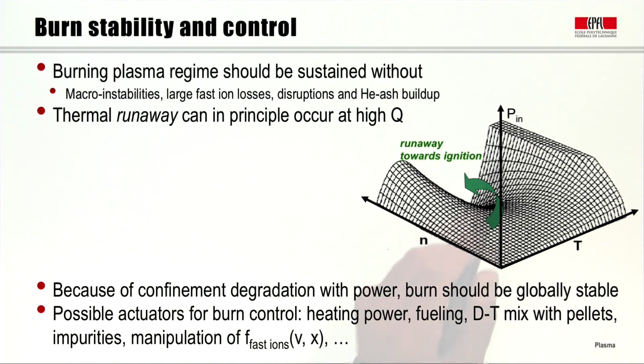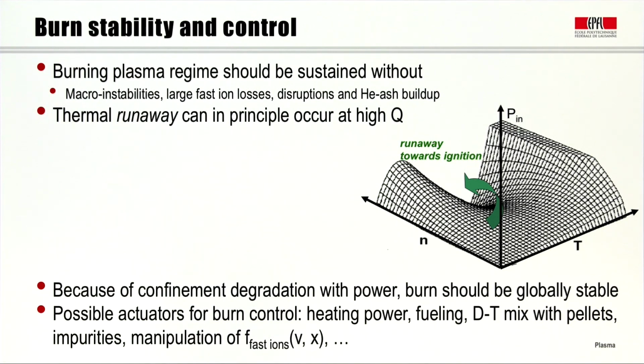This is represented in this plot, where the input power is shown as a function of density and temperature to achieve a certain level of fusion power, and we can see that the input power could go to 0 in particular regions of this plot, which means that we have a runaway towards ignition, which we don't necessarily want. We will lose control of the plasma burn.